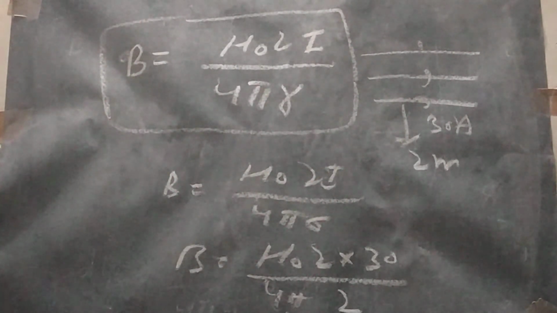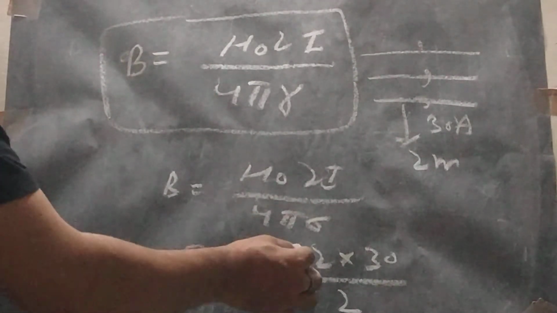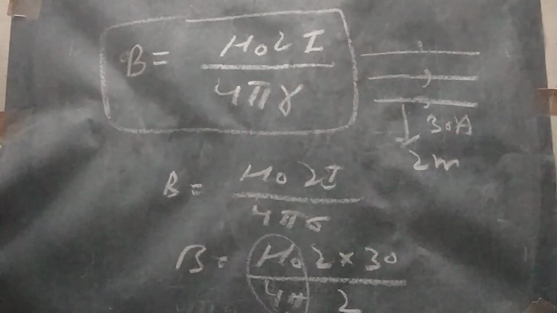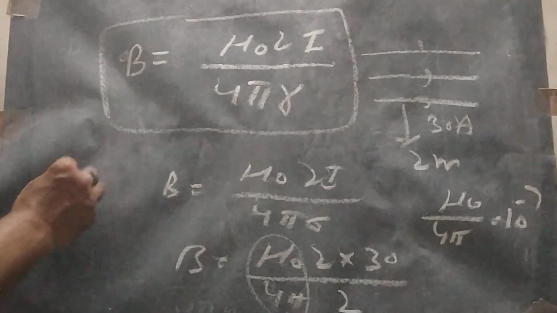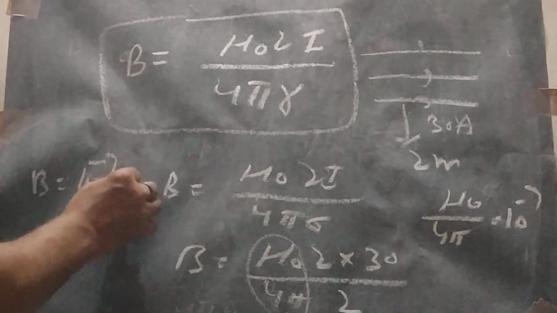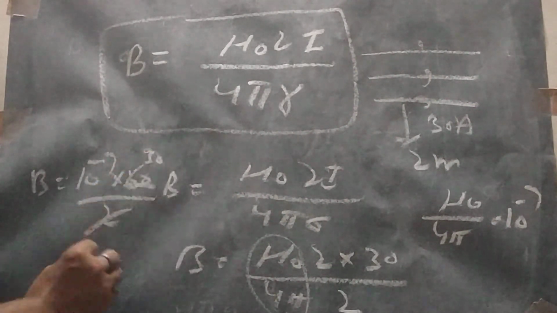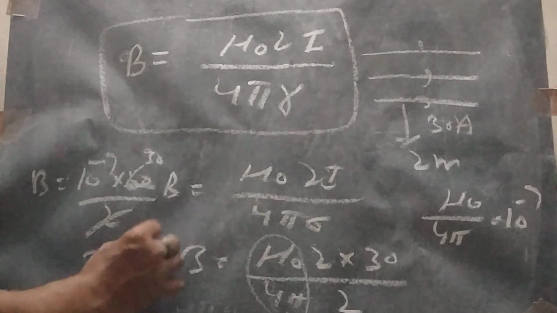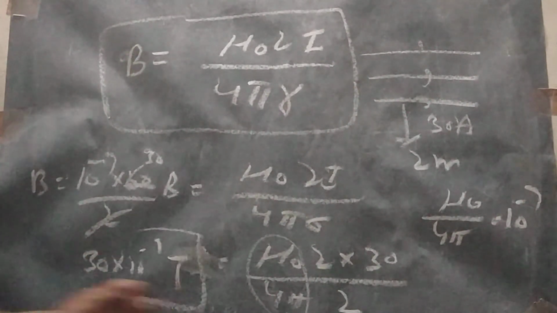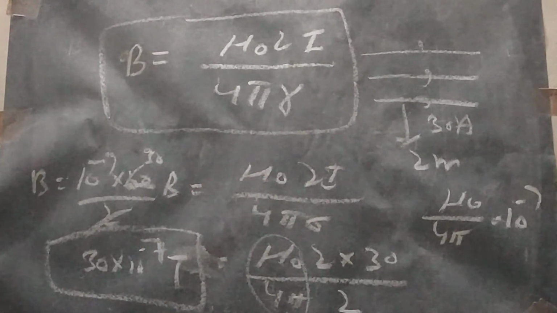So when we do numericals, do not write down the value of 4 pi, because the combined value of mu naught by 4 pi is 10 raised to power minus 7. Therefore B equals 10 raised to power minus 7 into 60 by 2, or 30 into 10 raised to power minus 7 Tesla. The SI unit of magnetic field is Tesla. So this is one simple application.